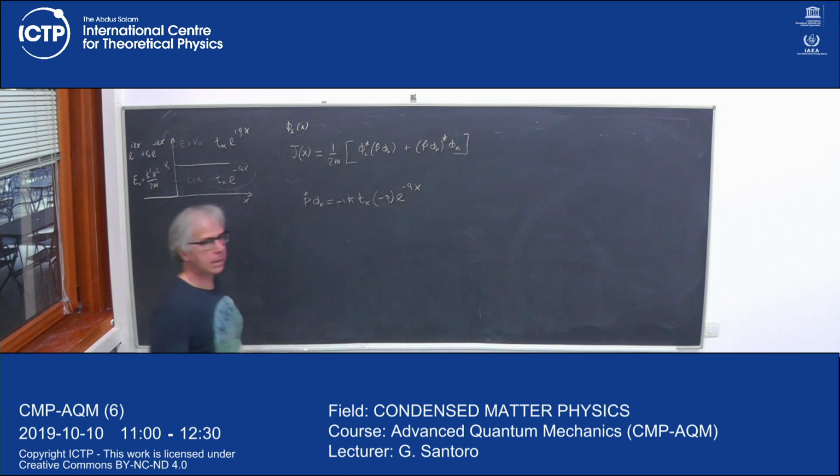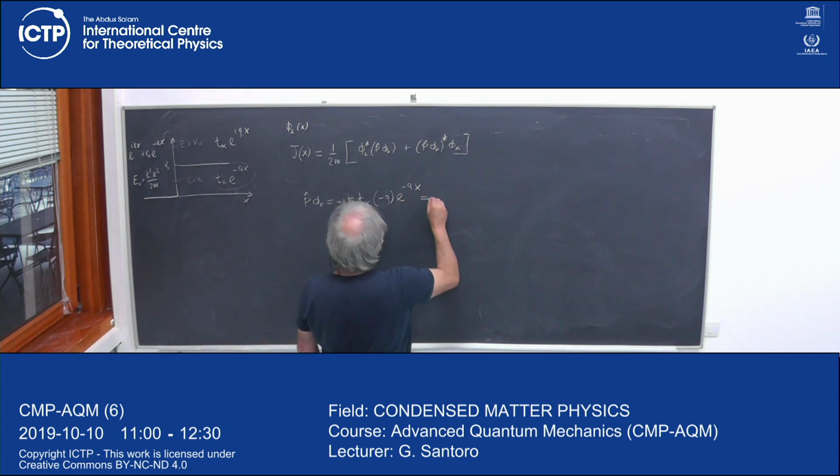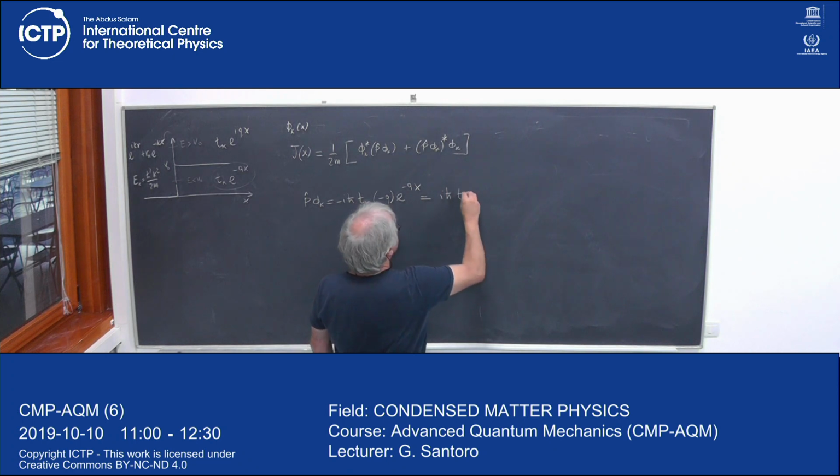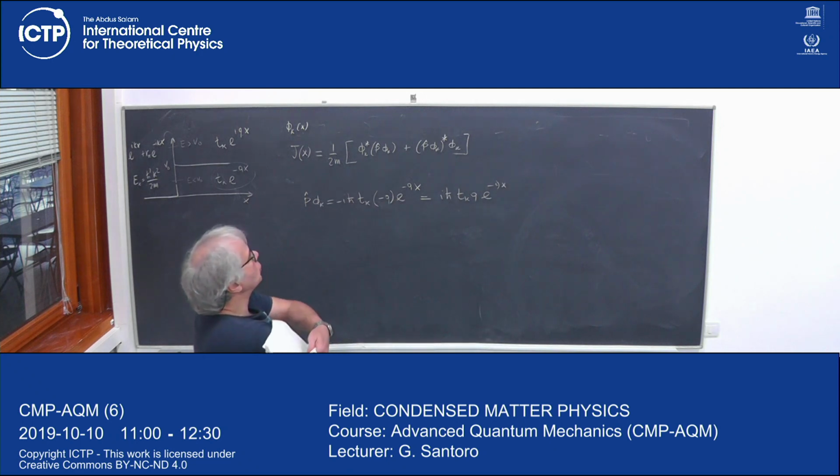Is it clear? This is P applied to phi_k. So I write it as i h bar t_k times q e to the minus qx. Good.